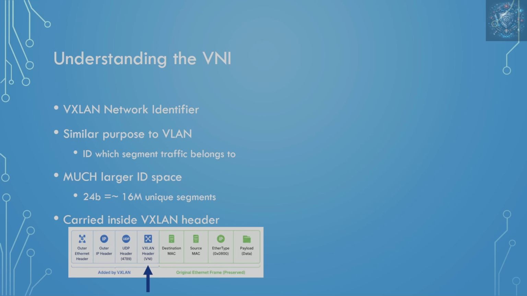VXLAN, on the other hand, gives us a 24-bit identifier, which gives about 16 million possible segments. So that massive increase in scale from being limited to 4,000 VLANs to having 16 million VXLAN segments is one of the big reasons that VXLAN is the foundation for modern network overlays.